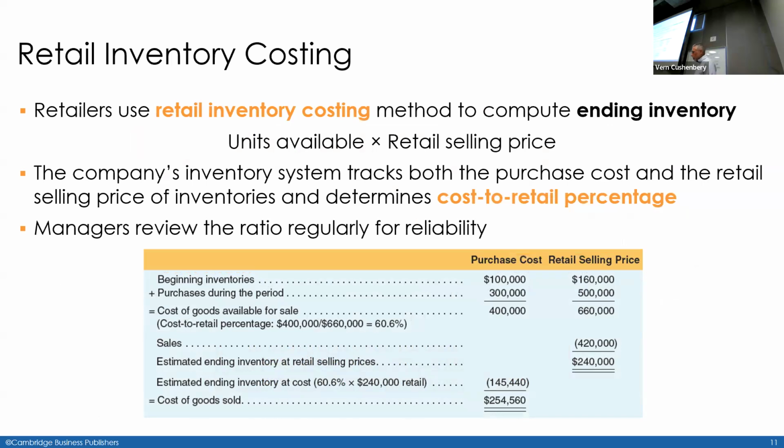Retail inventory costing method. The next slide here. If you're a retailer, most retailers now can track this by SKU. Their inventory systems are sophisticated enough that when you scan something at the register, they know that unit is out of inventory and has now been sold.